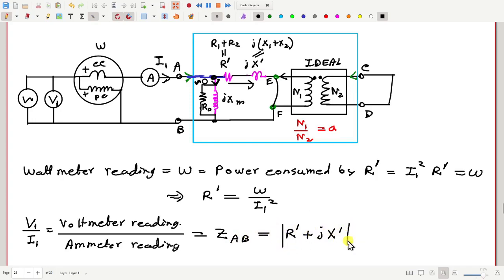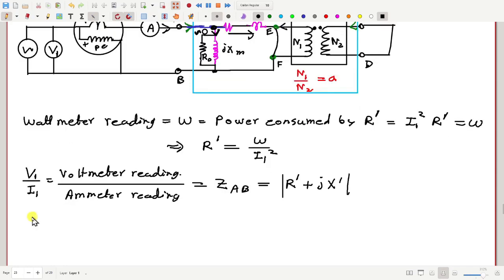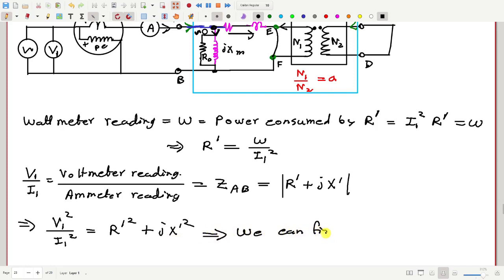That means V1 squared by I1 squared is equal to R prime squared plus X prime squared. Now we already know V1, I1 and R prime. From that we can get X prime. That is another way to find how much X prime is.